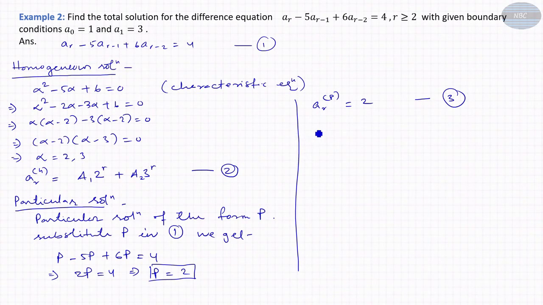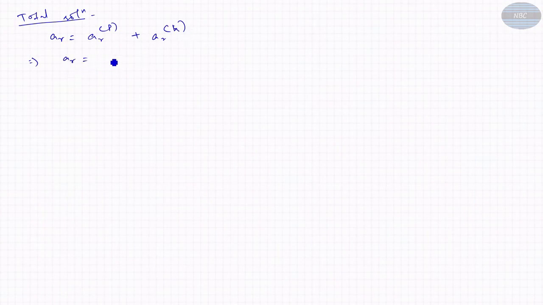Now we'll find out the total solution. Okay, we know the total solution is a_r is equal to a_r^P plus a_r^H, which implies a_r is equal to a1 into 2 to the power r plus a2 into 3 to the power r plus the particular solution, which is 2.